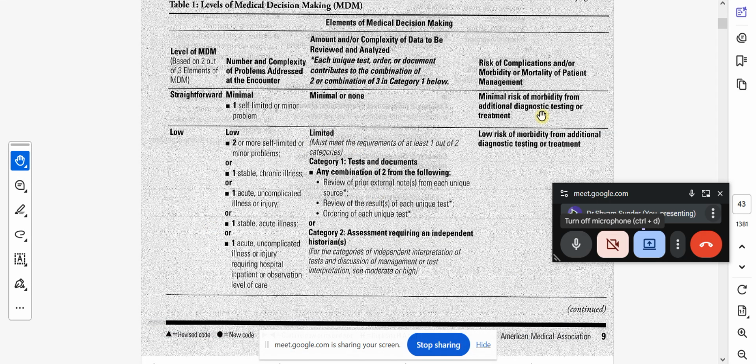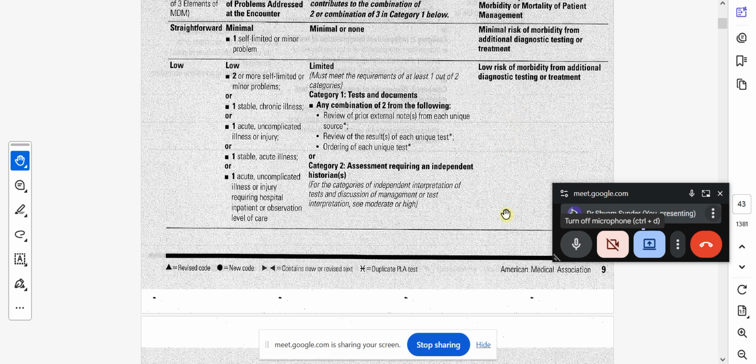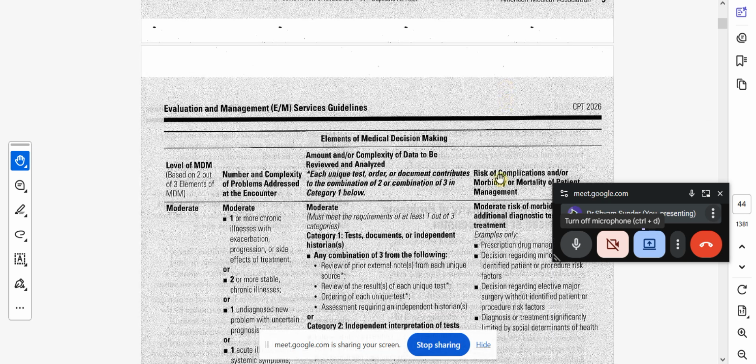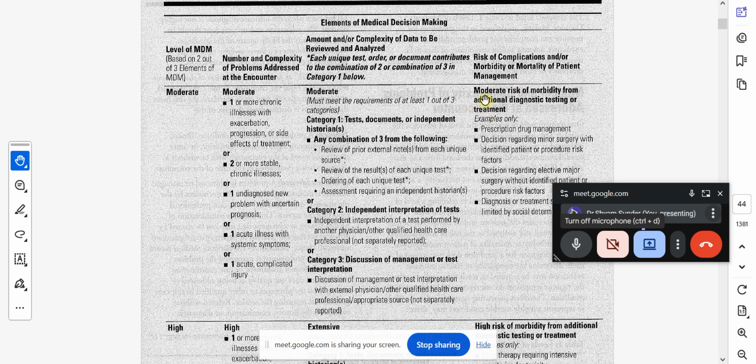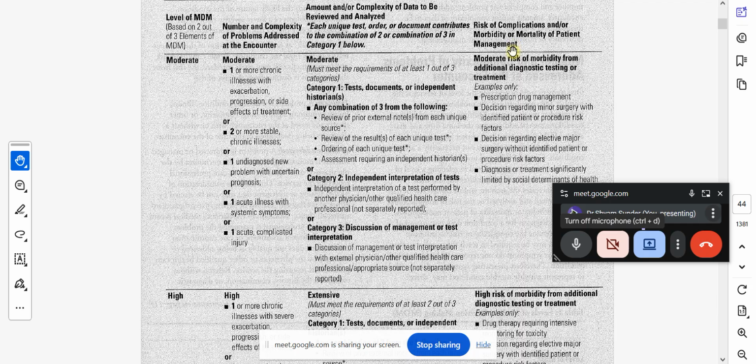There is no test done, there is no procedure, the only thing is medication. Medication is prescription medication. So what is the risk level? Moderate.